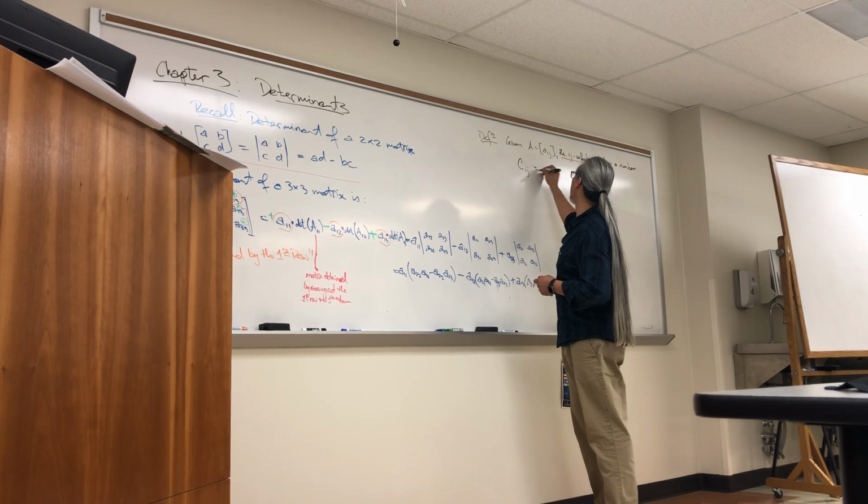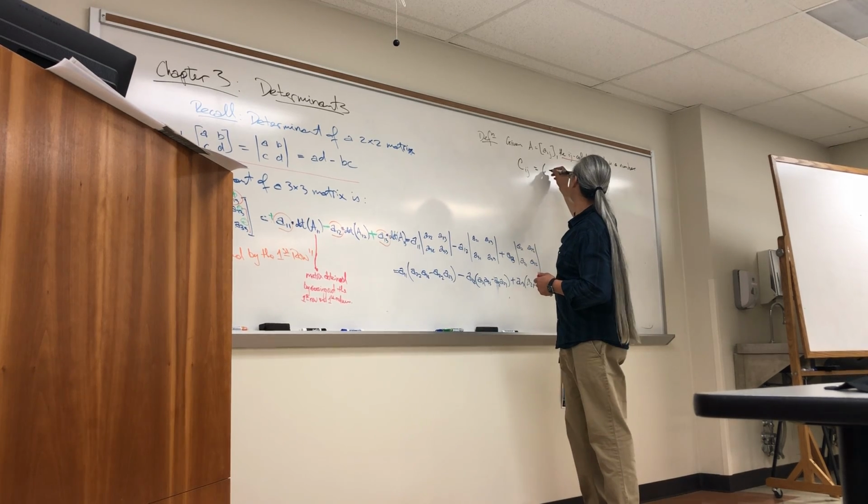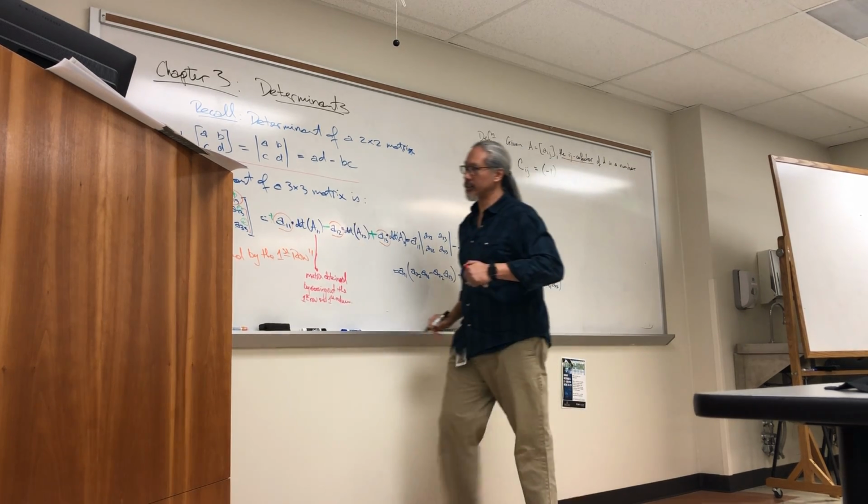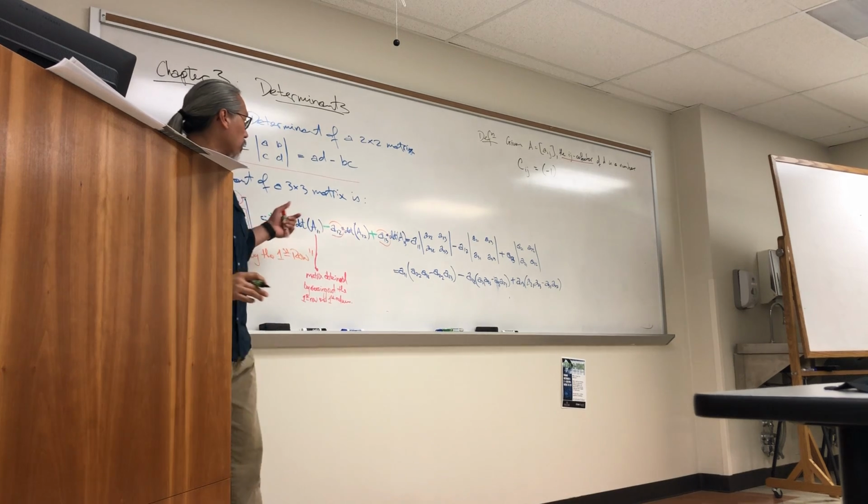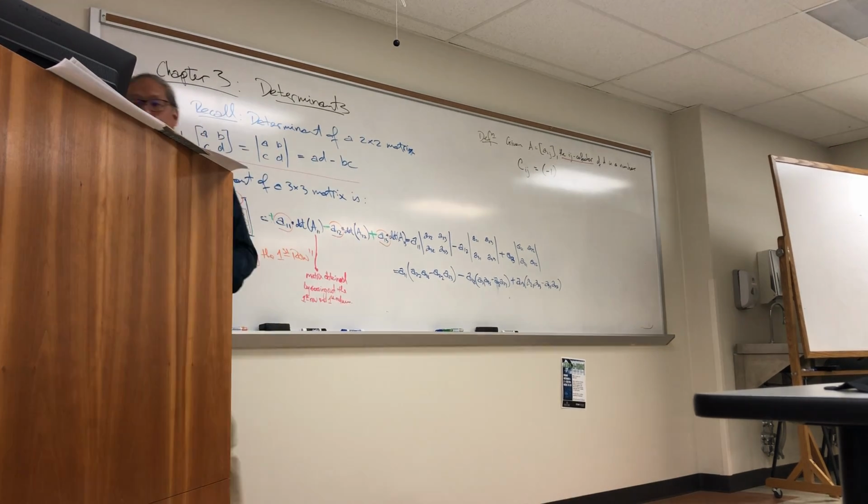C sub ij is equal to, so this is now going to account for the thing that we're multiplying by when we expand.